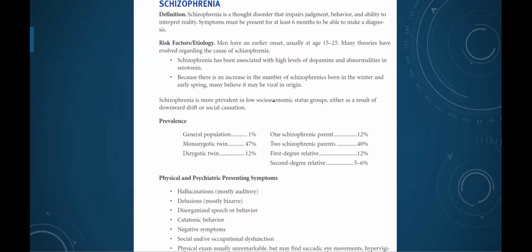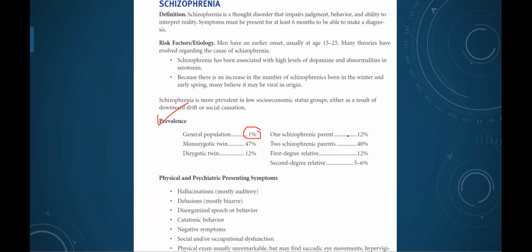It usually occurs between 15 and 25 years of age. The risk is increased if there is a family history of schizophrenia. This risk is important for your exam. You have to memorize the risk. The general population has a 1% risk of having schizophrenia.